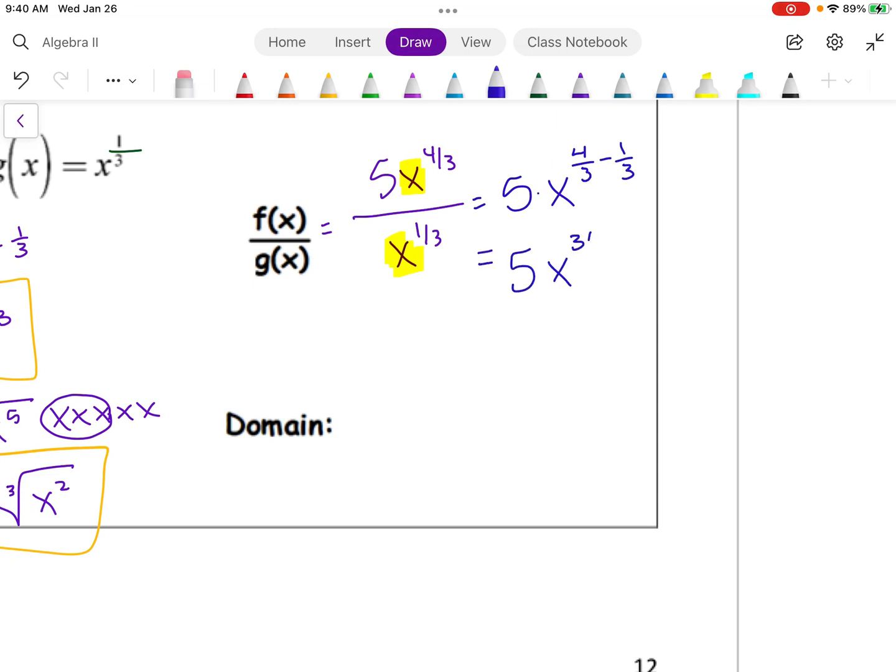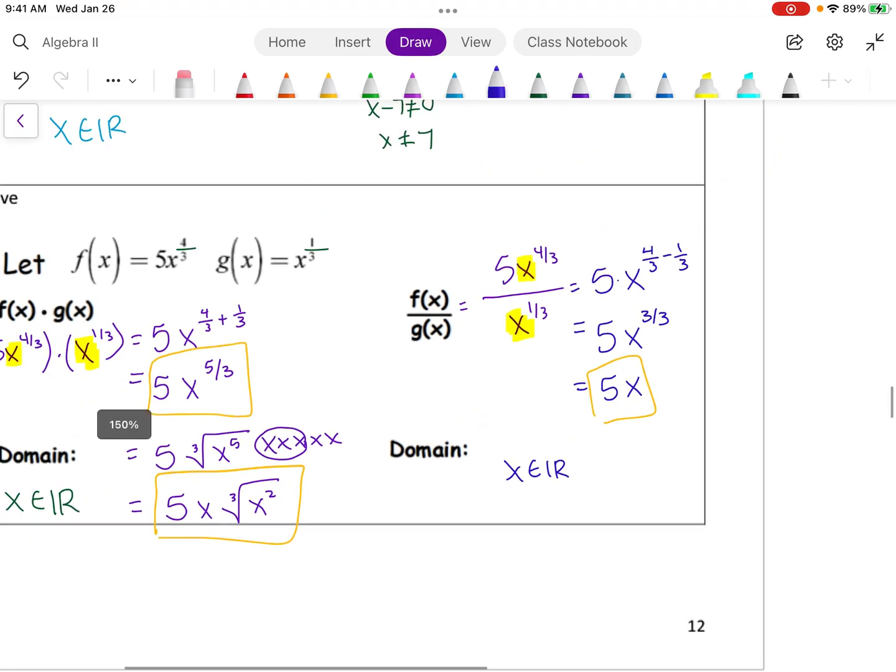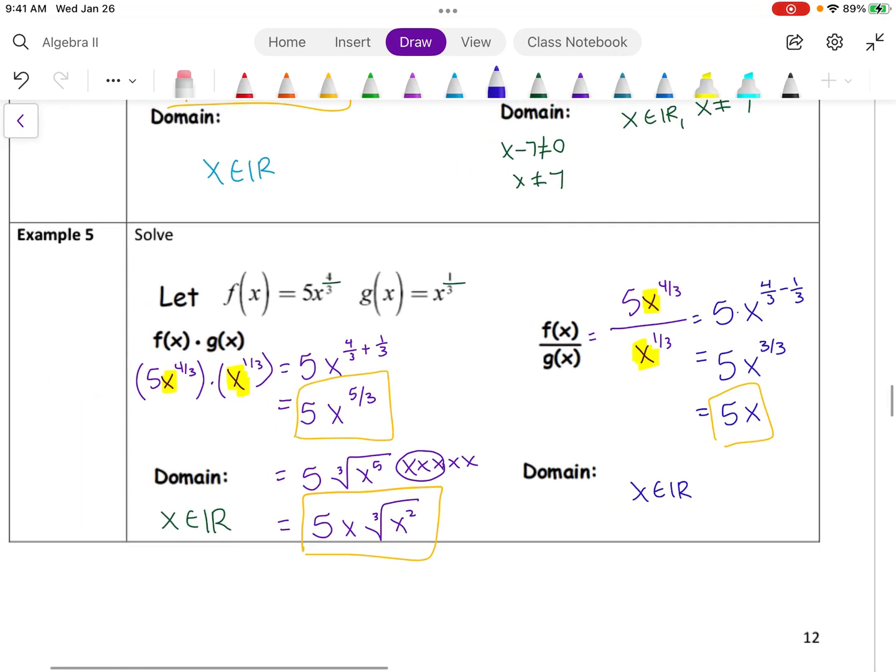Well, 4/3 minus 1/3 is 3/3, and 3/3 is just 1. So 5x is our answer. And then for our domain, again, there's no roots, there's no denominator, so we don't have to worry about any restrictions, which means x just belongs to the real numbers. And that is it.